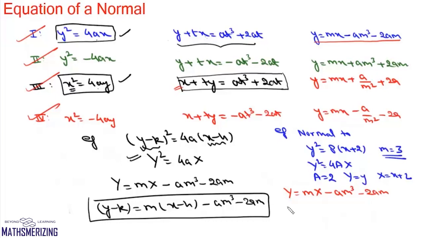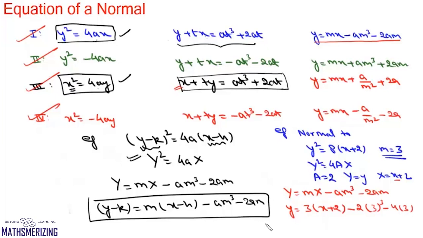So we can write the equation of normal as capital Y equals m capital X minus am³ minus 2am. Now capital Y is simply y. What is the value of m? m is 3, and in place of X we'll write x plus 2, and then minus a m³, a is 2, so it will be 2 into 3³, and minus 2am, so there will be 4 into 3.